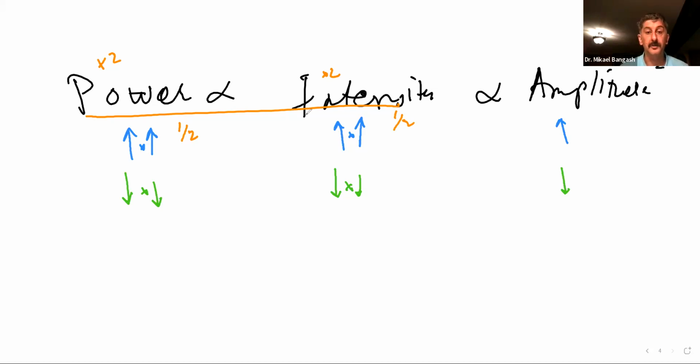So you can use this cheat here. Where you can mainly say, let's just say amplitude is doubled. Intensity will increase 4 times, and so will power increase 4 times.